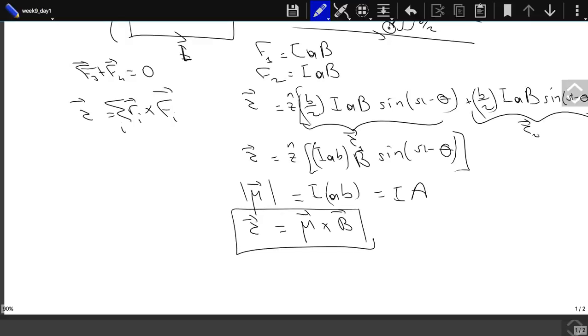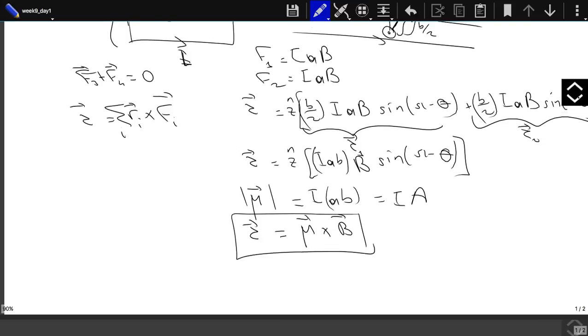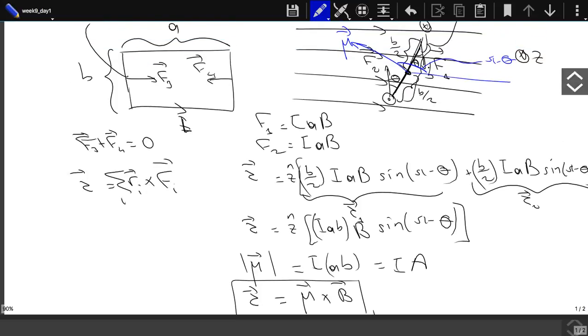If you just look at this vector over here, its magnitude is I times AB, the magnitude of B, which is B, times the sine of the angle between these two, but the angle between those two is nothing but pi minus theta. This angle is just pi minus theta. So the magnitude of this vector and this vector, they are the same. Furthermore, if you just consider the signs and use the right-hand rule to determine the direction of mu cross B, it is into the screen.